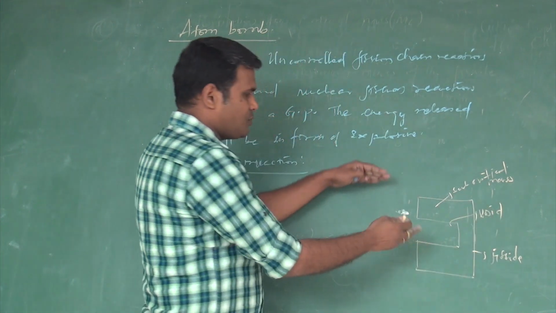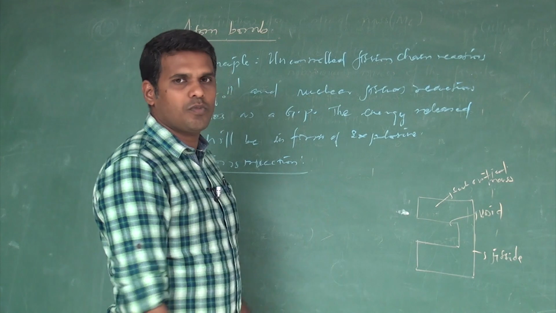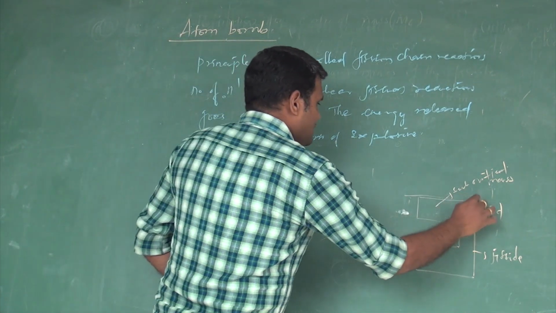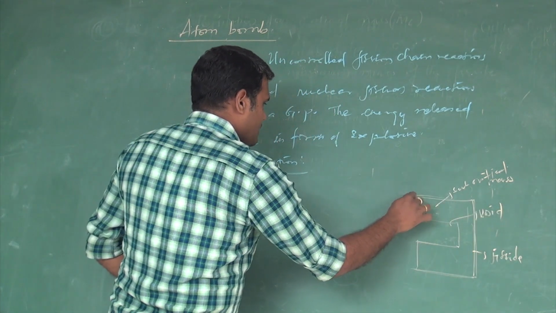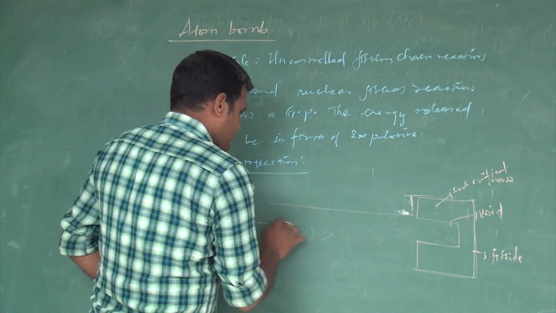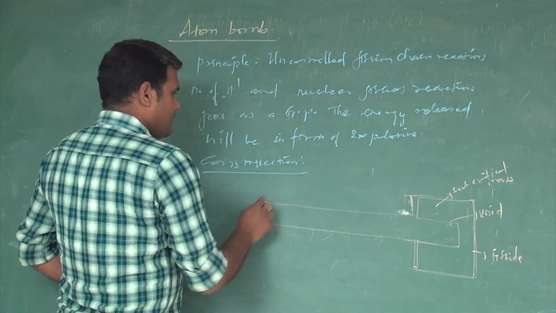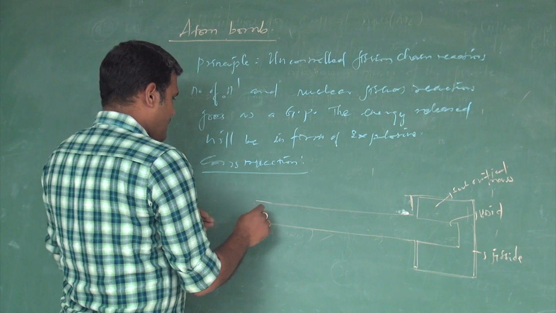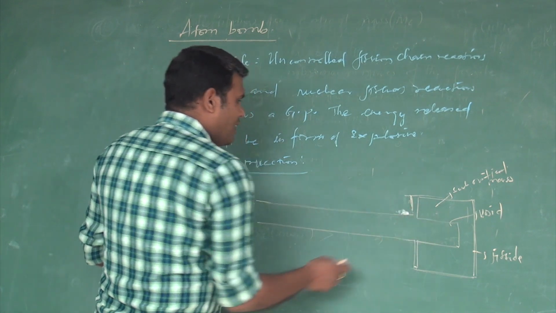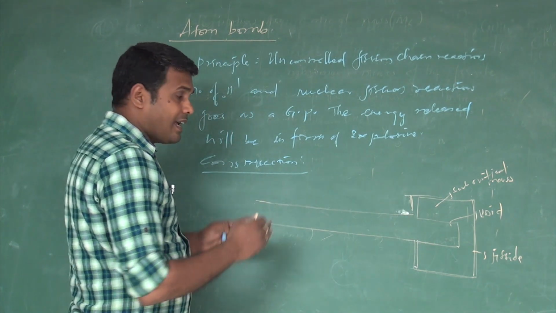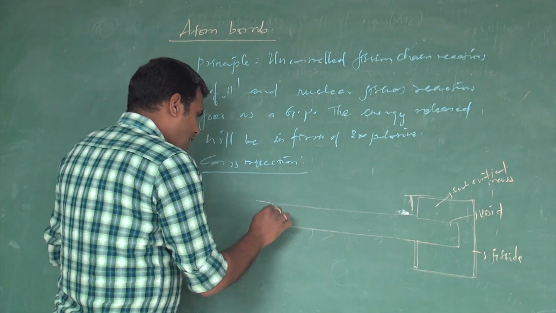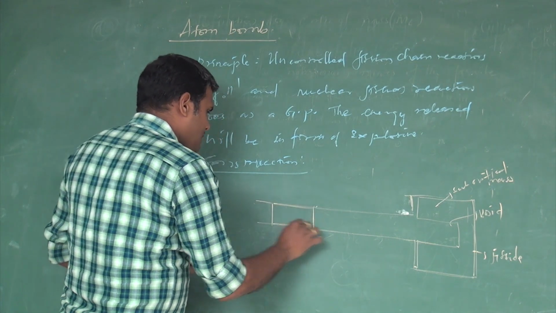Void here refers to a small opening. A void refers to a small opening. And we can say this is placed in such a way that the void can be filled by another cylinder, another cylinder of a subcritical mass.